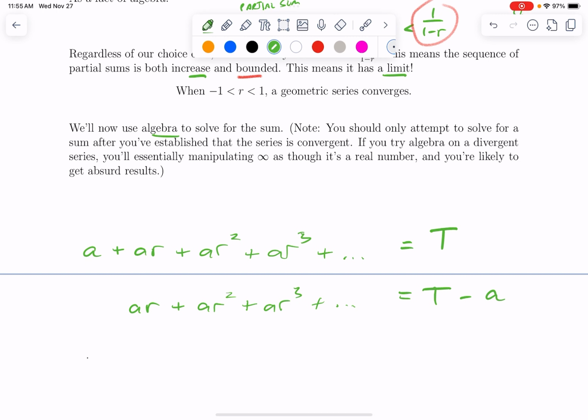Now, what we'll notice is that what I got from subtracting is actually the same as r times something, right? Every single term here has an r. I'm going to factor it out. So it's r times a plus ar, etc.